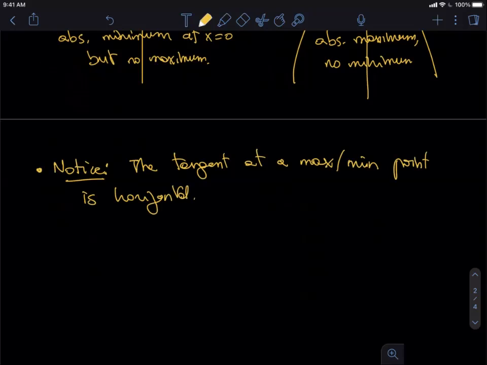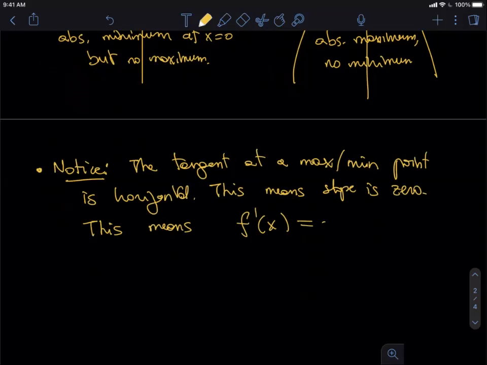Okay, what does that mean? Horizontal means the slope is 0. And the slope is the derivative. So f prime of x equals 0. Okay, so what are we saying here? At every point where there is a maximum or a minimum point, f prime of x has to be 0.